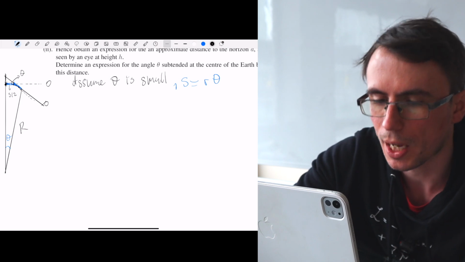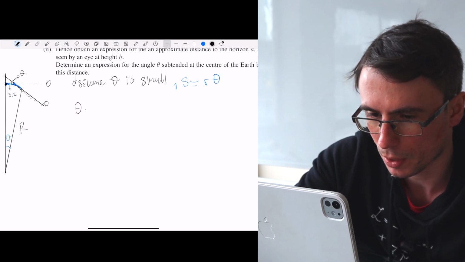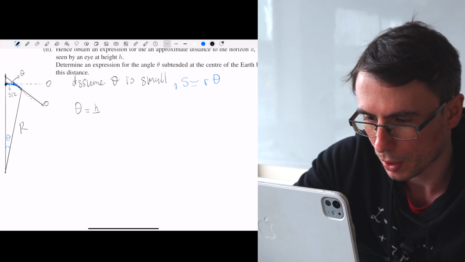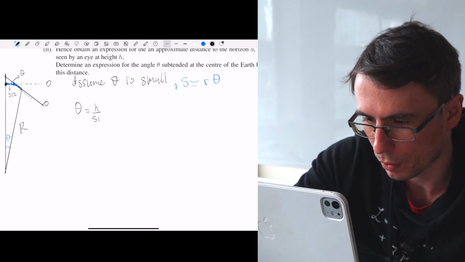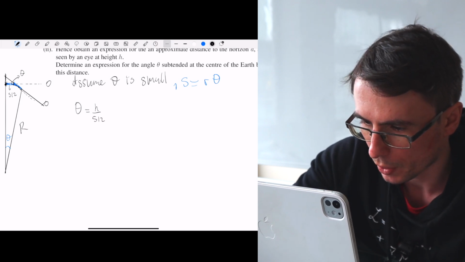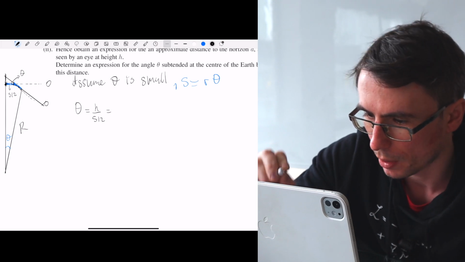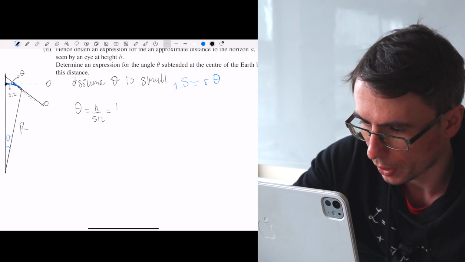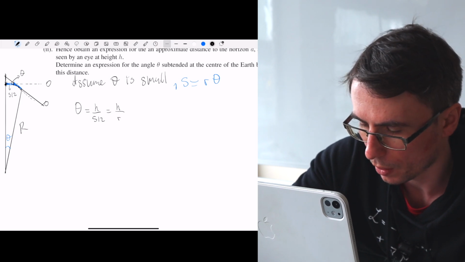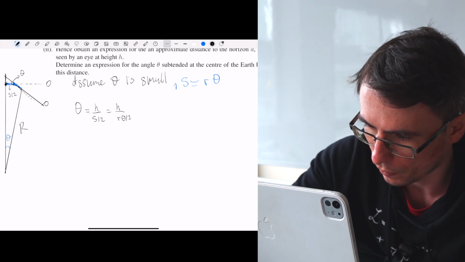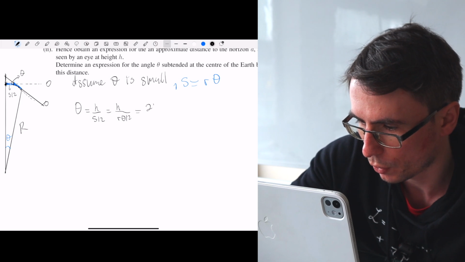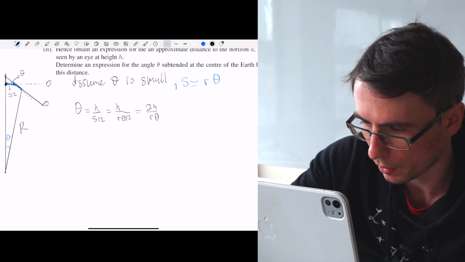And shall we just say that tan theta, which is approximately equal to theta, is going to be equal to h over s over 2, which is approximately h over r theta over 2, which is equal to 2h over r theta.